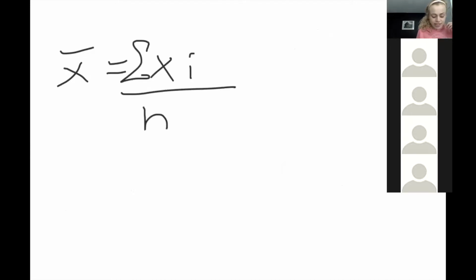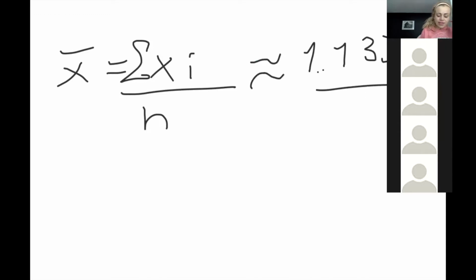So then the sample mean should be all the observations summed, divided by the number of observations. And this should give you, in this exercise, approximately 1.1332, and then you calculate the deviation.